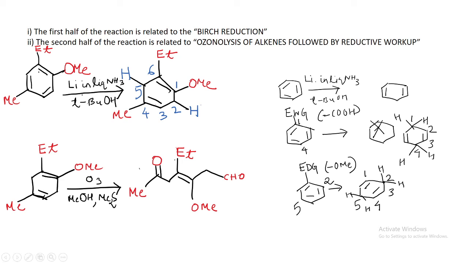So in the starting material you can see that there is an electron donating group, that is OMe group, and the reagent is lithium in liquid ammonia, tertiary butanol. So the addition of proton will take place in the 2 and 5 position, and one new pi bond will be formed.